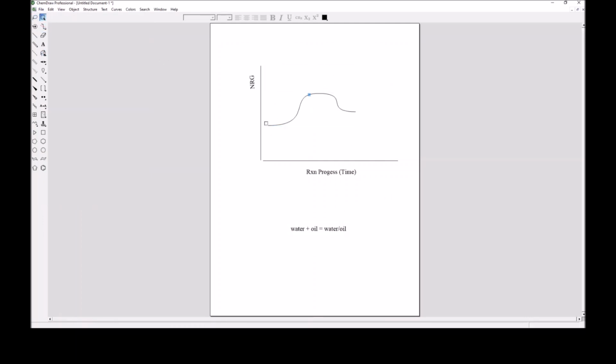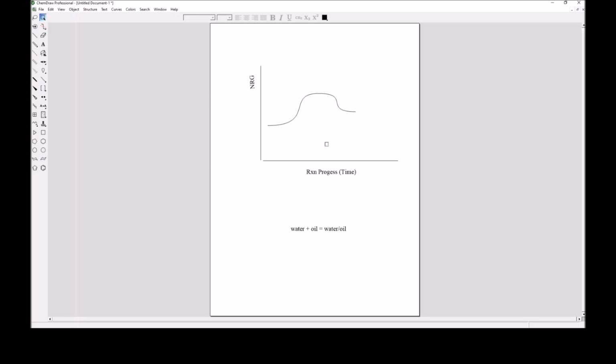The water and oil are actually at a lower energy state when they're separated, and then they're at a higher energy state when you shake them together. And this activation energy, you can keep feeding that activation energy into the system by continually shaking it, and you can sort of get them to stay mixed together. But as soon as you stop shaking it, then it will spontaneously go to a lower energy state, and the water and the oil will separate.